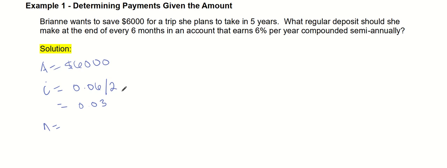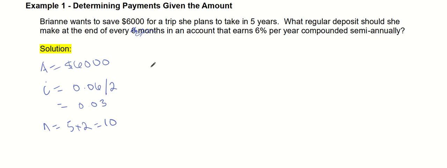So essentially, it's 5 times 2, which is 10. They sort of try to trick you with the 6 months here, because 6 months is half a year, which is semi-annual. So this doesn't really matter. It's just to confuse you.